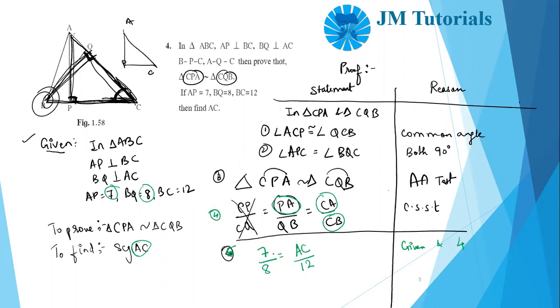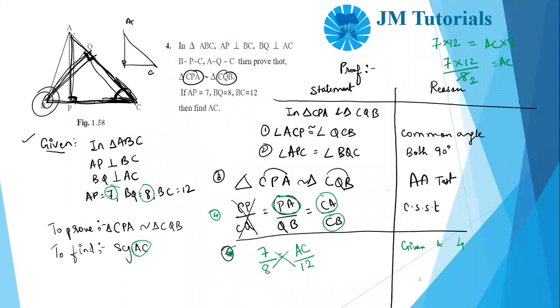So now cross multiply. 7 into 12 is equal to AC into 8. Okay. 7 into 12 upon 8 is equal to AC. 4 2s are 8, 4 3s are 12.